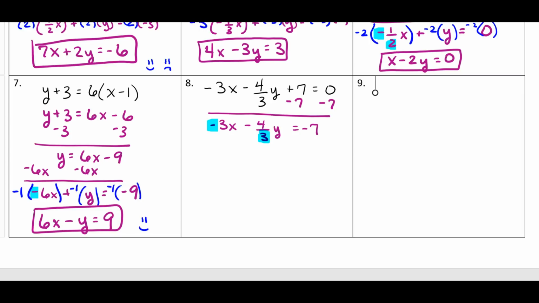So we're going to multiply every single term by a negative 3, because we have a negative here and a 3 on the y.